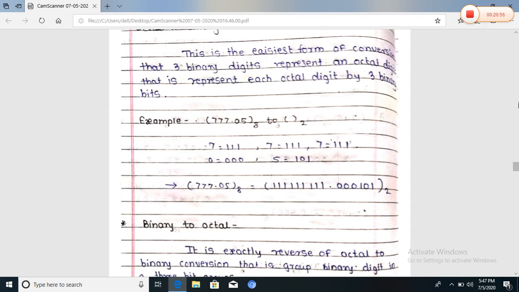So 7 in binary is 0 1 1 1, but in octal to binary conversion it is represented in 3 digits, 1 1 1. So 7 is 111, 7 is 111, 0 is 000, 5 is 101, and that is the answer. You have to write it in that sequence, and that is the conversion from octal to binary.